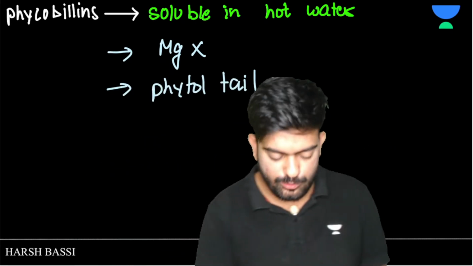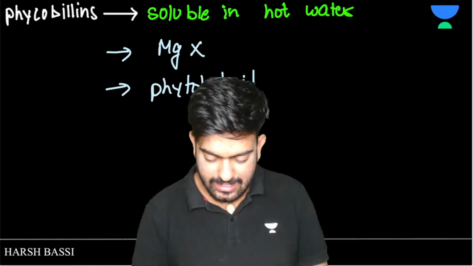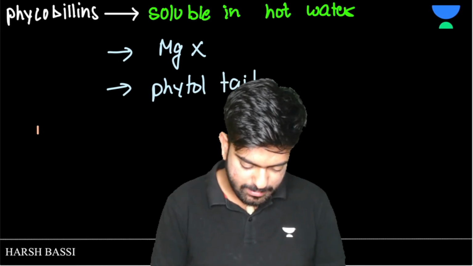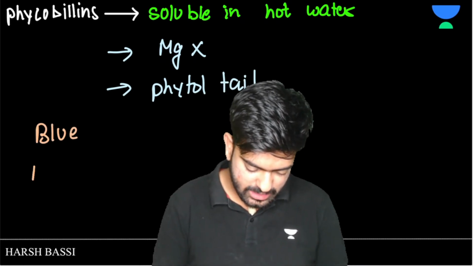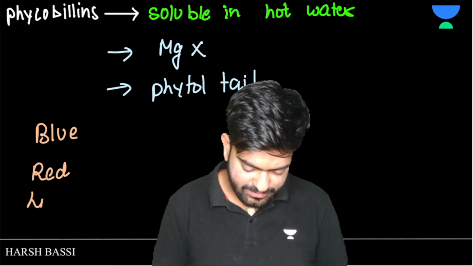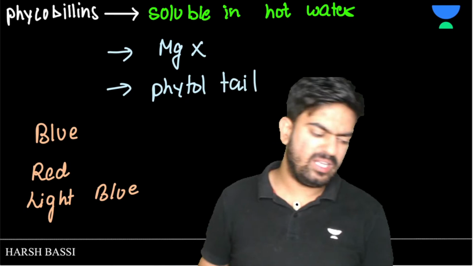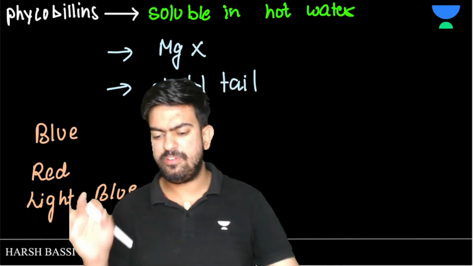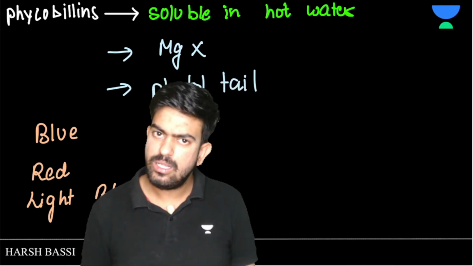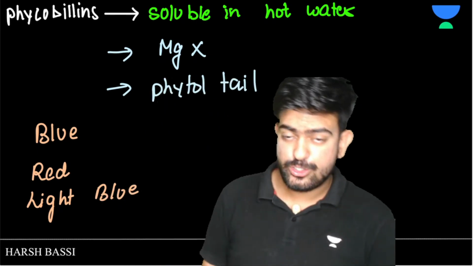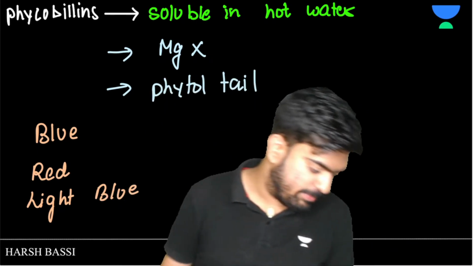Now let's move on, and next there are types of phycobilins which can be blue in color, red in color, and light blue in color. You don't have to remember the names of these, just remember phycobilins are water soluble pigments. What kind of water soluble pigments? Hot water soluble pigments. Clear?